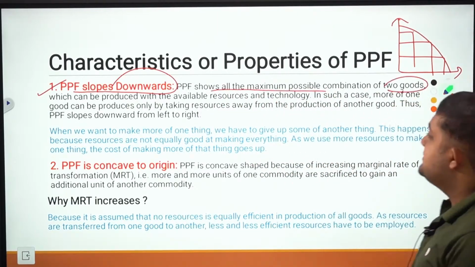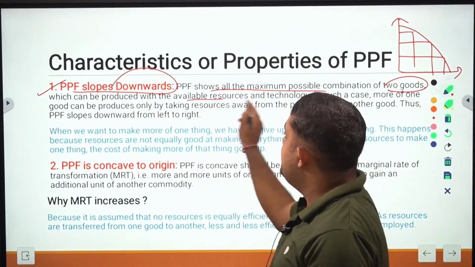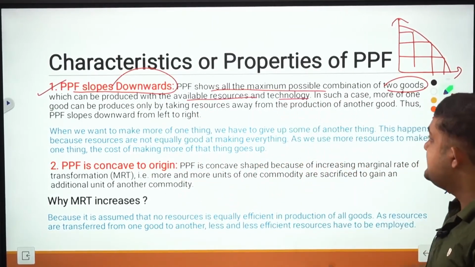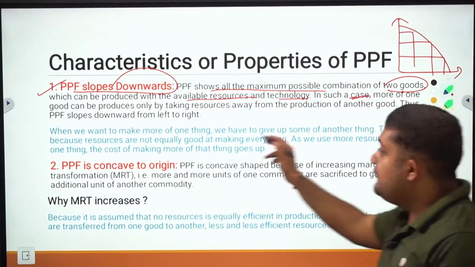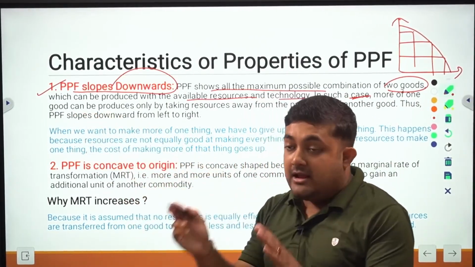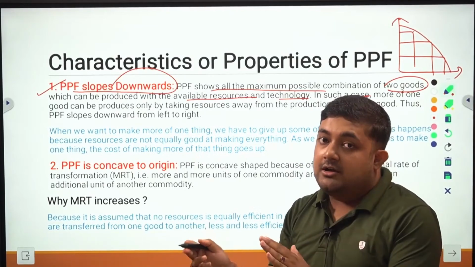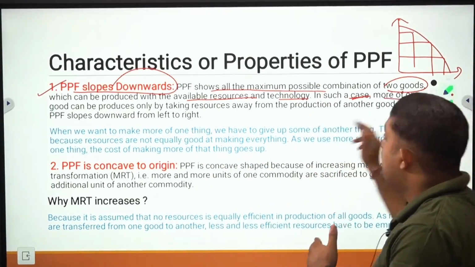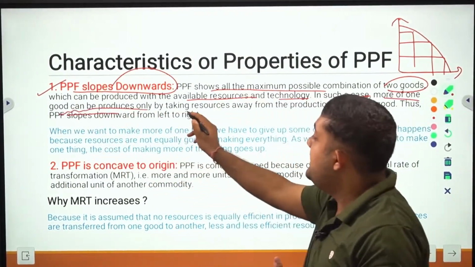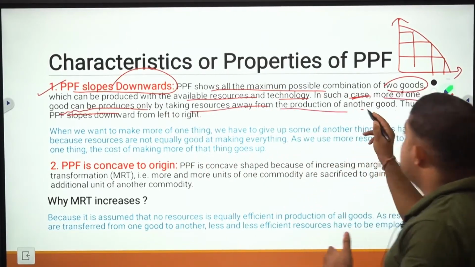of two goods which can be produced with the available resources and technology. Okay, in such a case, more of one good can be produced only by taking resources away from the production of another good.